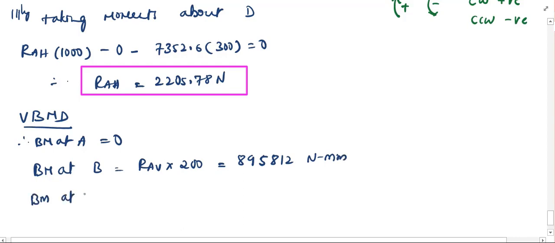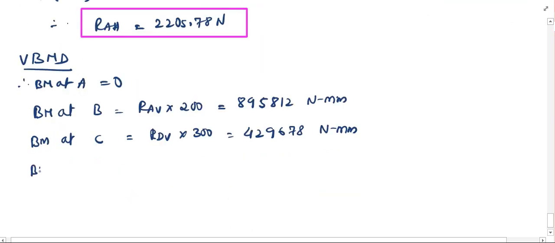Similarly, bending moment at C will be equal to reaction force RDV into 300. So that will be 429.678 Newton mm. And finally, bending moment at D is equal to 0.